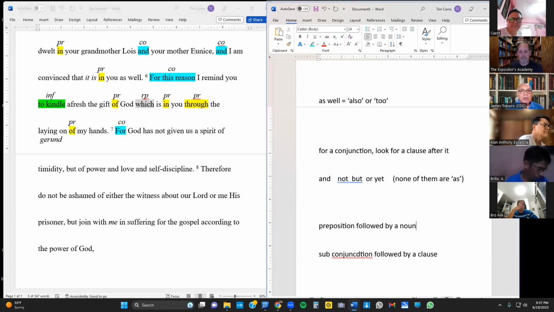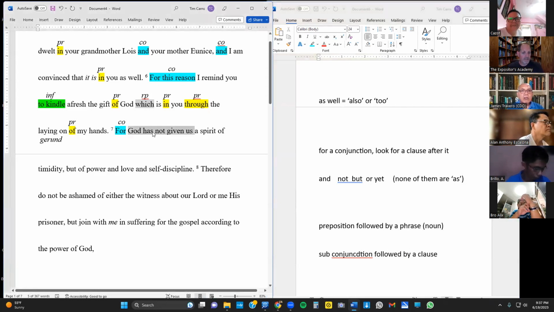Technically, you could say a preposition is followed by a phrase, which is usually just a noun. But in this case, notice it is not just a noun. It is God has given us a spirit, the whole clause. So James is exactly right. This is a subordinating conjunction.